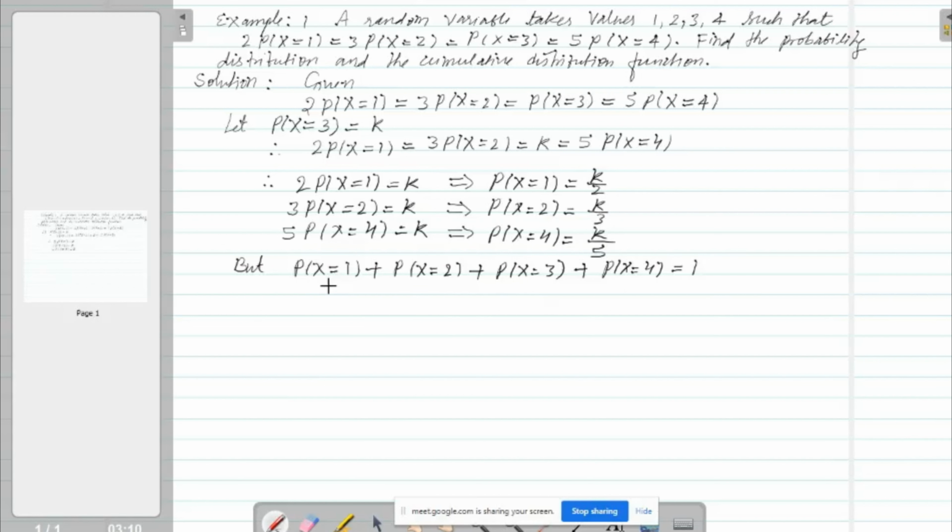Probability of x equal to 1 is k by 2, probability of x equal to 2 is k by 3, probability of x equal to 4 is k by 5, and probability of x equal to 3 I assumed as k, and this equals 1.